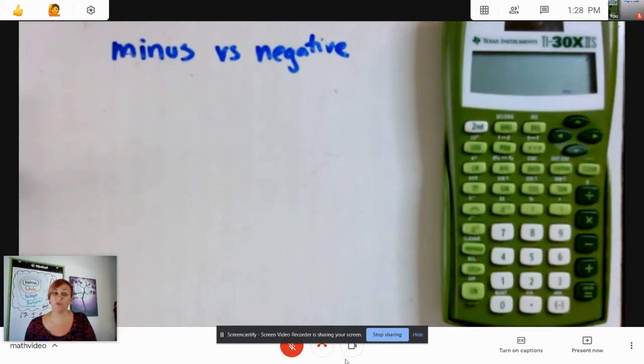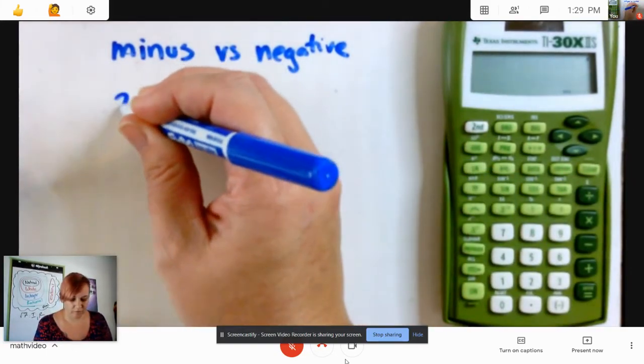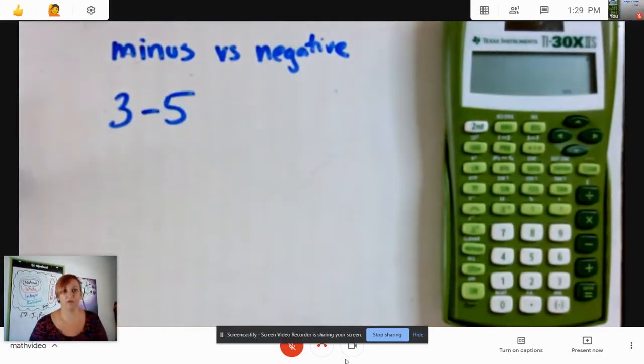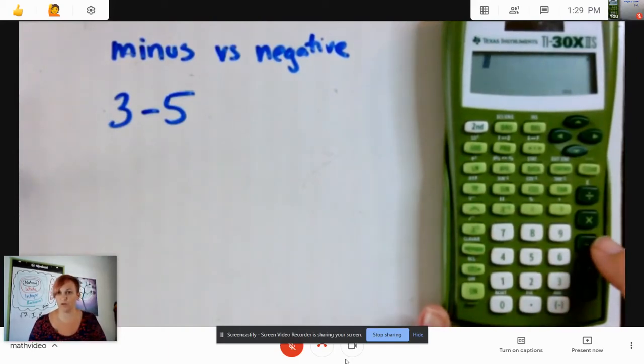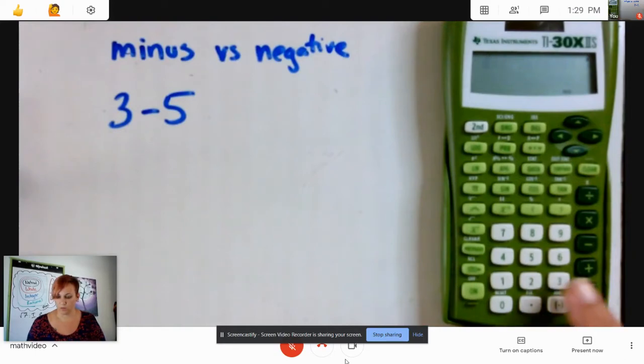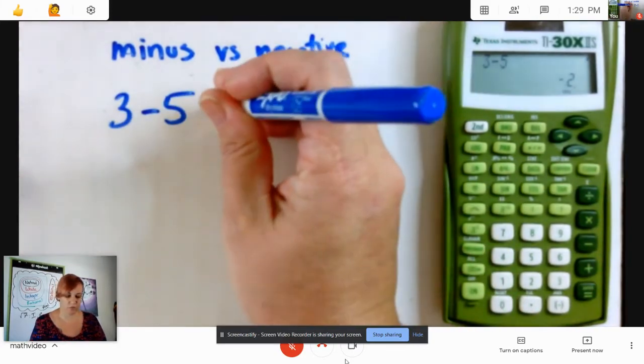Your calculator knows the difference between a subtraction sign and a negative sign, so it's really important that we're using the correct button for each one. For example, if I have 3 minus 5 and I want to get the correct answer from the calculator, I'm going to use this button over here for my minus sign. So I'm going to type in 3 minus 5, and it should give me the correct answer, -2.